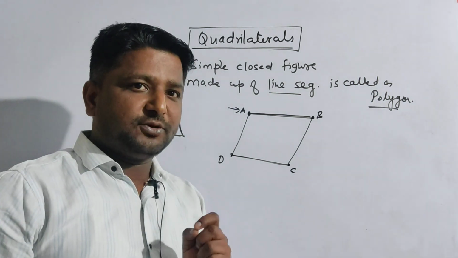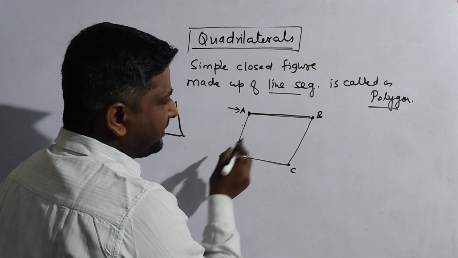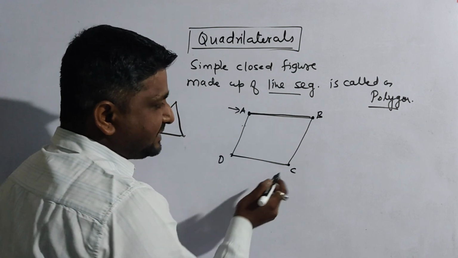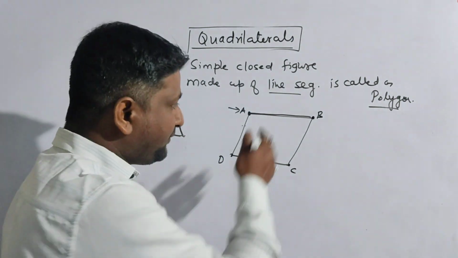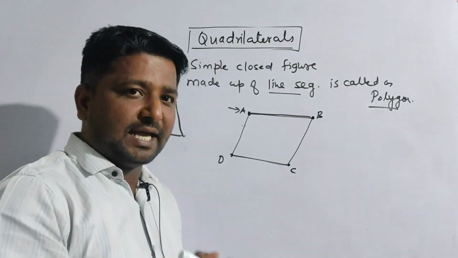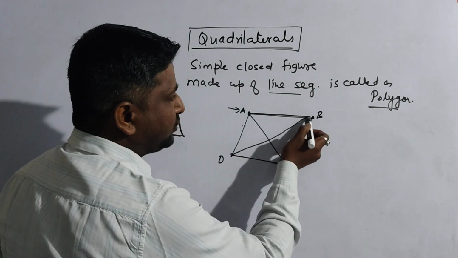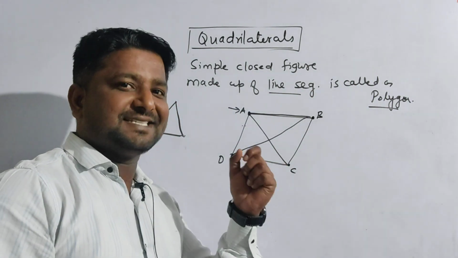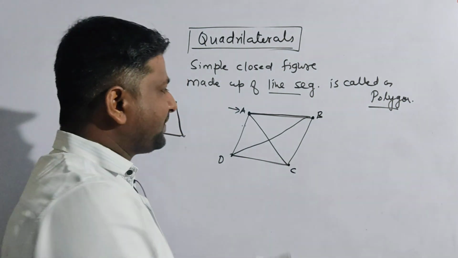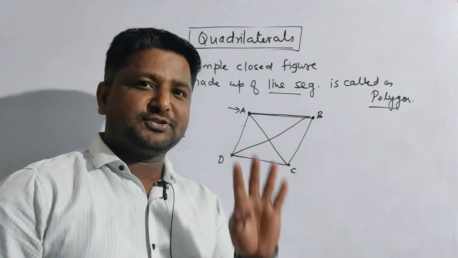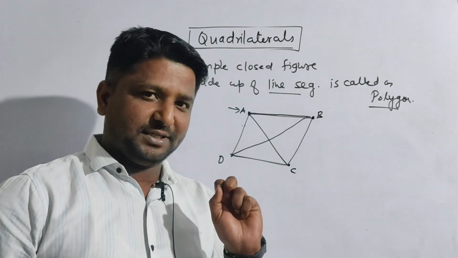Now observe carefully, A and C are opposite vertices, B and D are also opposite vertices. If you join them, what you get is a diagonal. So we are going to have 1 diagonal and 2 diagonals, right? So this is a polygon made up of 4 sides. We call this a quadrilateral. Every quadrilateral has 4 vertices, 4 sides and 2 diagonals, right?